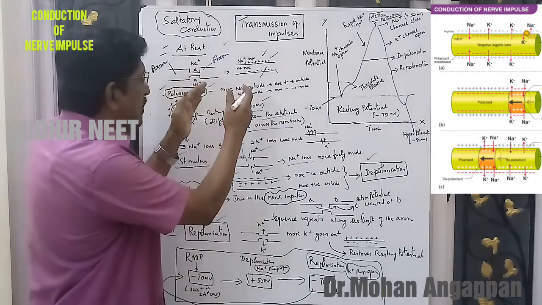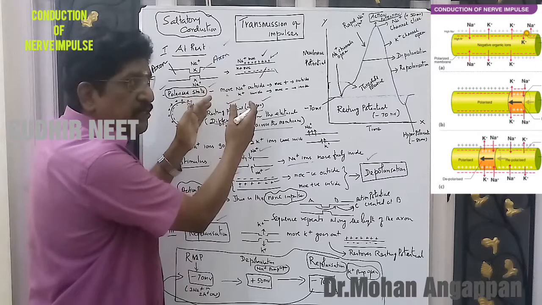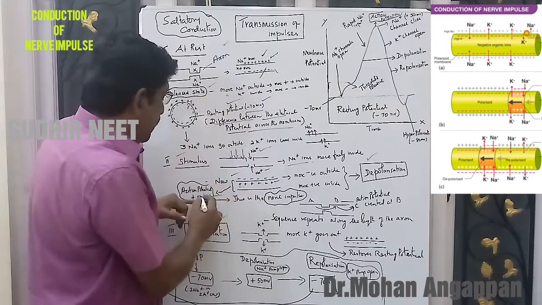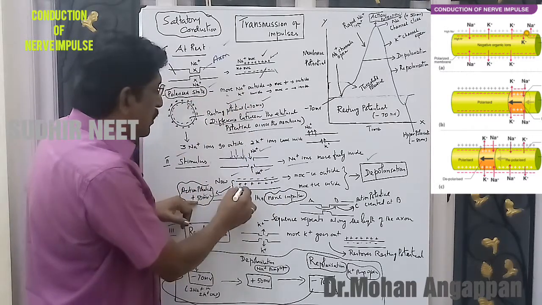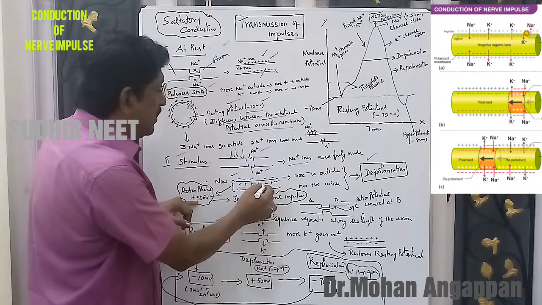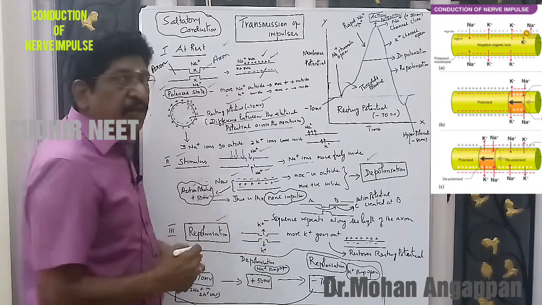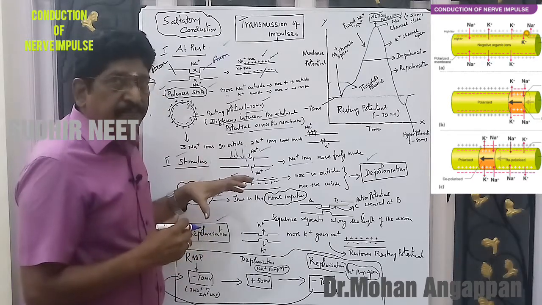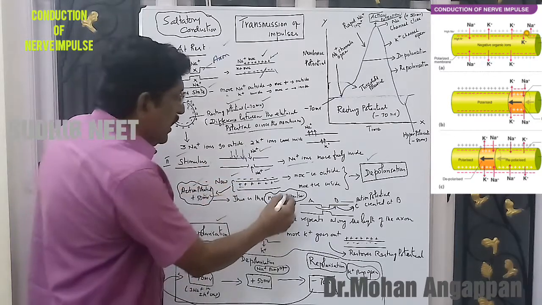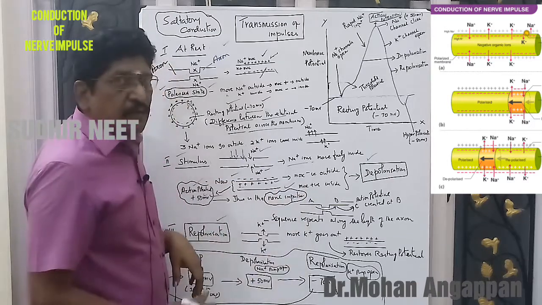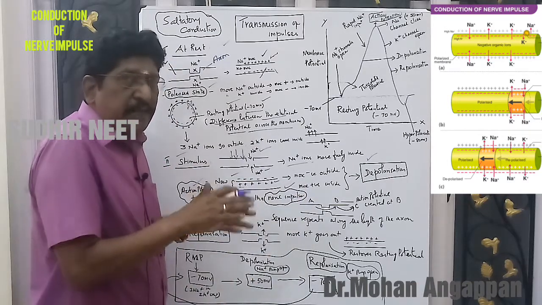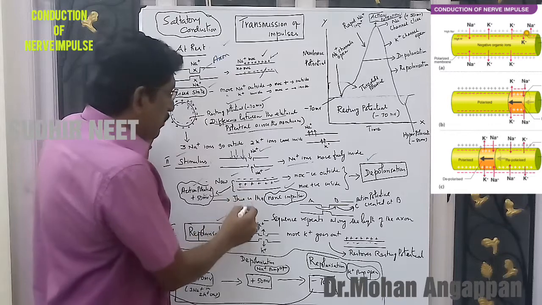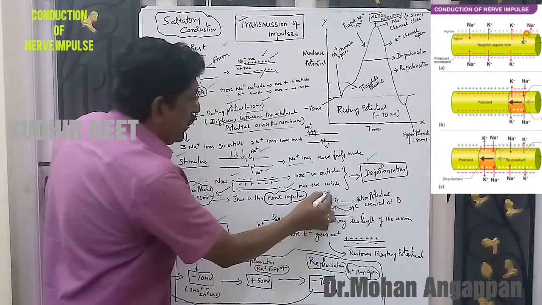So from minus 70 millivolt, the resting potential becomes plus 50 millivolt, having more positive charge inside. That is the action potential. Now the action potential is created, and that is the nerve impulse. So the nerve impulse has started to move from A to B.